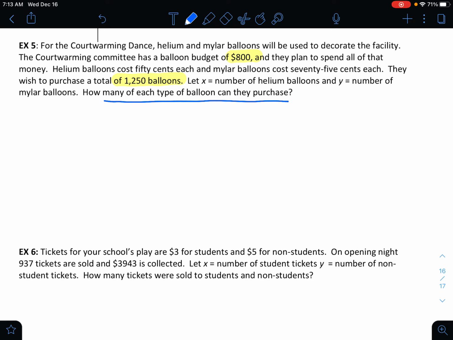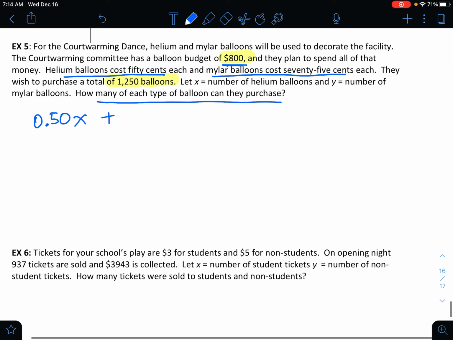Let's say we've got a total of $800. Helium balloons are 50 cents, mylar are 75 cents. Okay, so helium goes with X. So 50 cents is 0.50X, because those are the helium, plus mylar is 75 cents, so 0.75Y, and altogether $800 is the budget.